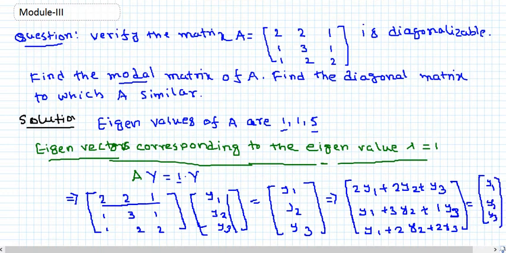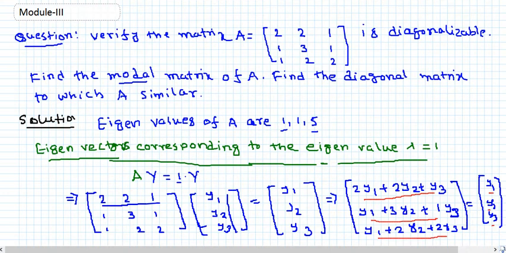Now these vectors are equal, so each entry has to be equal. This entry has to equal this entry, and so on for each of the three.